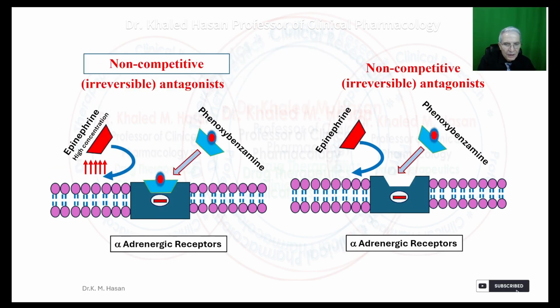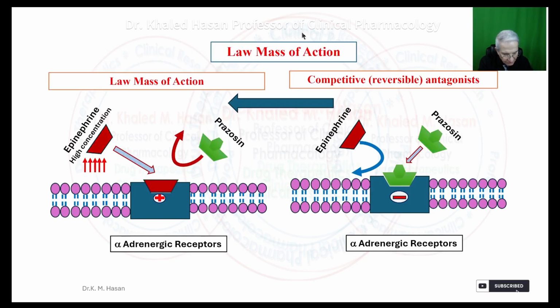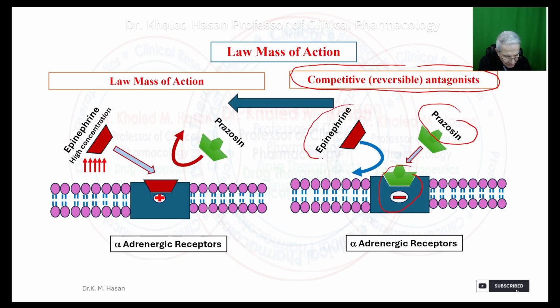Okay, so again, related to binding to the receptor, we have two types. Number 1, we have reversible competitive, and our example was Prazosin, which blocks the receptor and prevents epinephrine from binding. We try to overcome this blocking by increasing the level of norepinephrine.